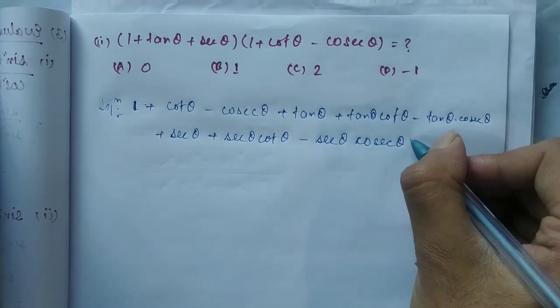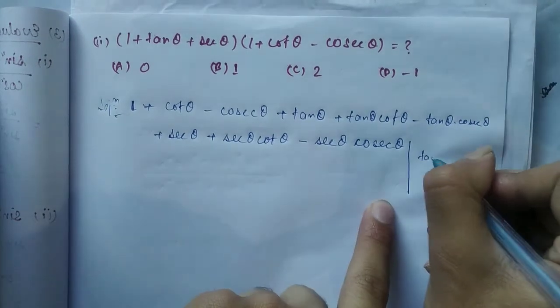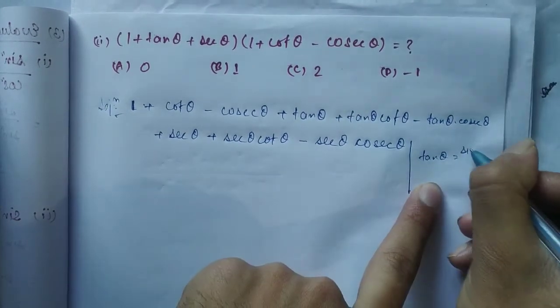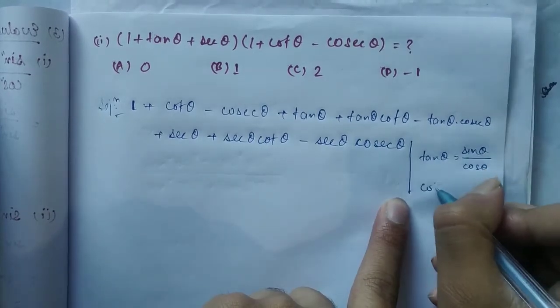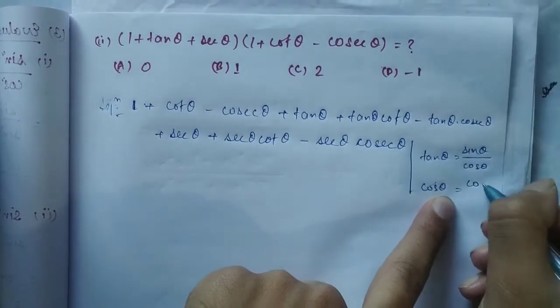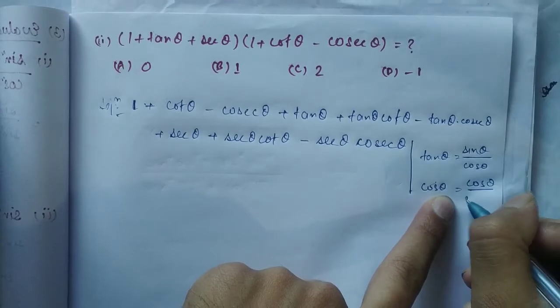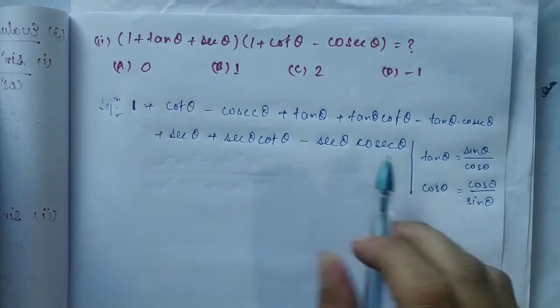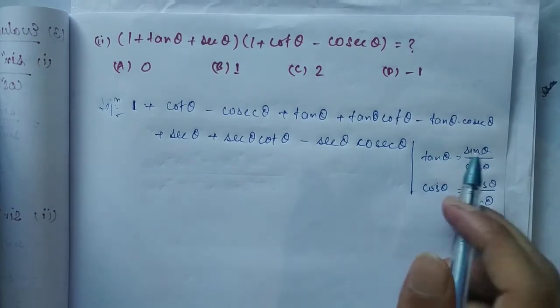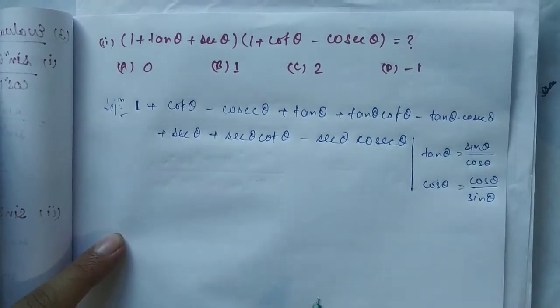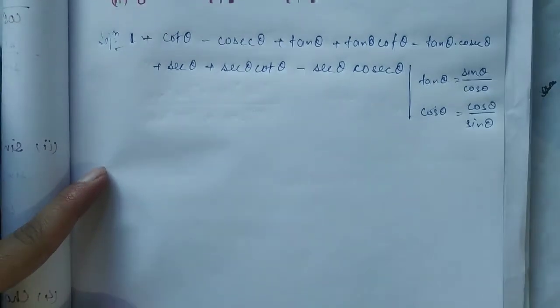And then we use 2 simple formulas, that is tan of theta is equal to sin theta divided by cos theta and cot of theta is equal to cos theta by sin theta. We also use sec theta is equal to 1 by cos theta and cosec theta is equal to 1 by sin theta. They are simple, I guess you remember that.